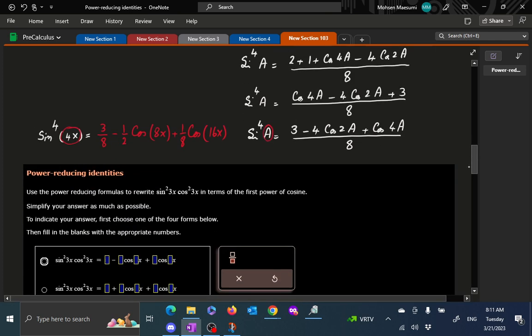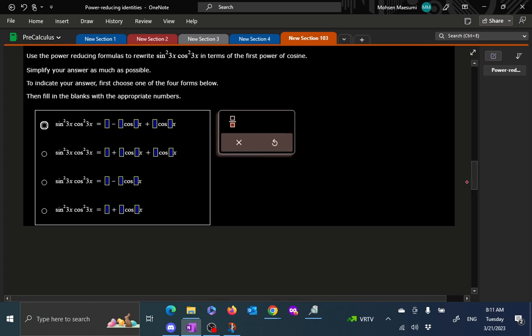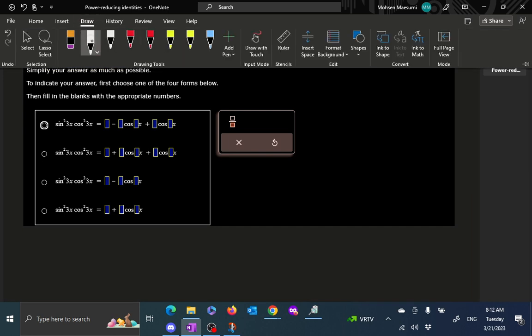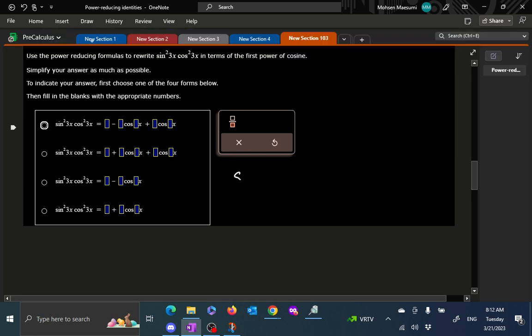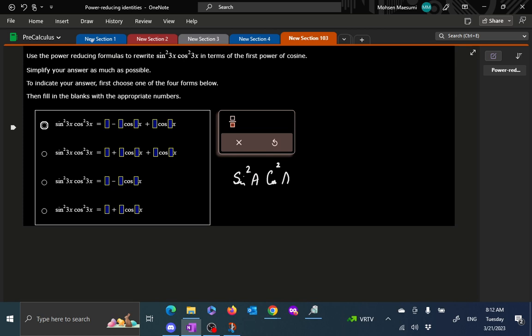Let's see what else we have. So here I have sine square, cosine square. What if I have sine square of a, cosine square of a? There are multiple ways of approaching this. It's very common for trick questions that there are multiple ways, because there is a very long list of identities.